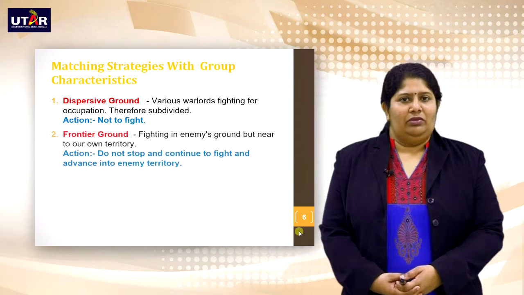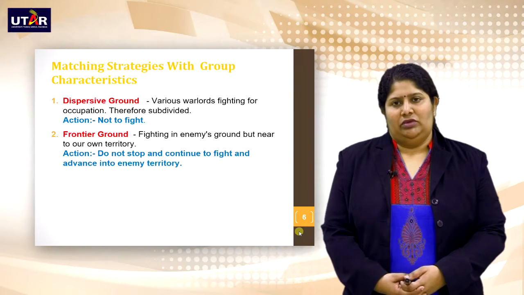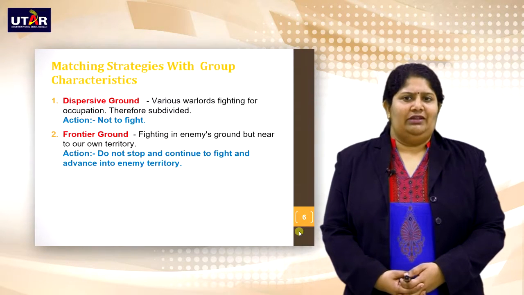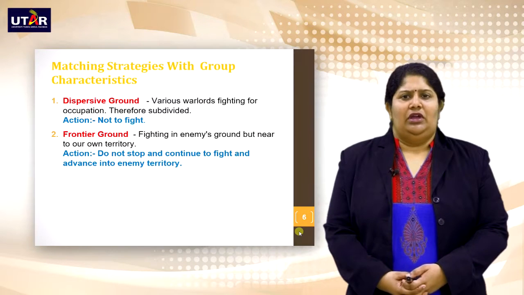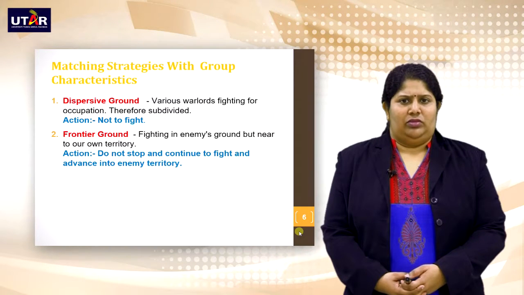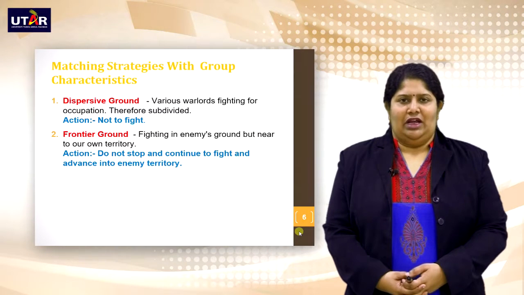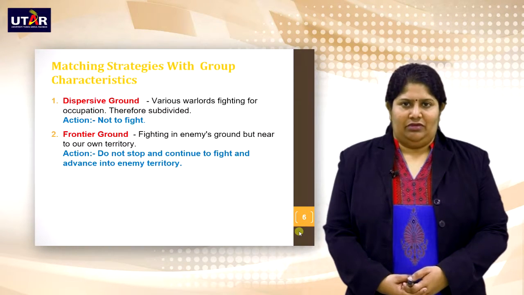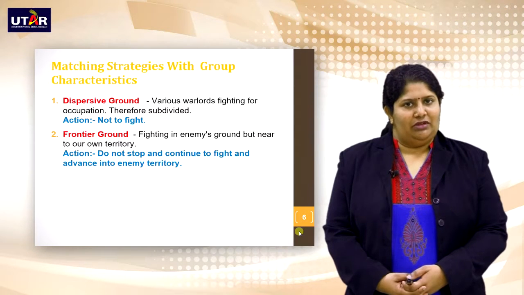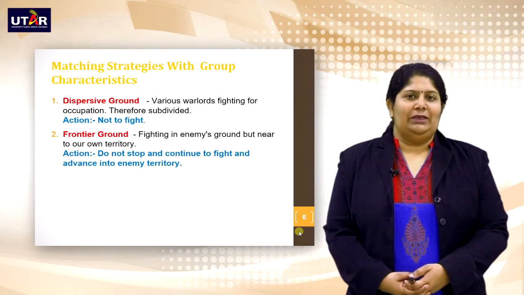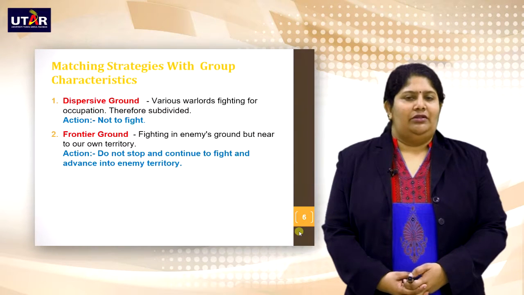The second ground is frontier ground. In this frontier ground, armies will be fighting in the enemy's ground, yet nearer to the army's own territory. So, what's the action? Continue to fight and try to conquer the enemy's territory.